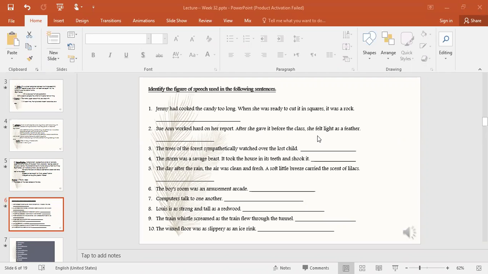Yes, Huda. Miss, it's a personification. Thank you. I'm telling you again, we are taking the action of carrying from the human beings and giving it to the soft little breeze. The boys' room was an amusement arcade.